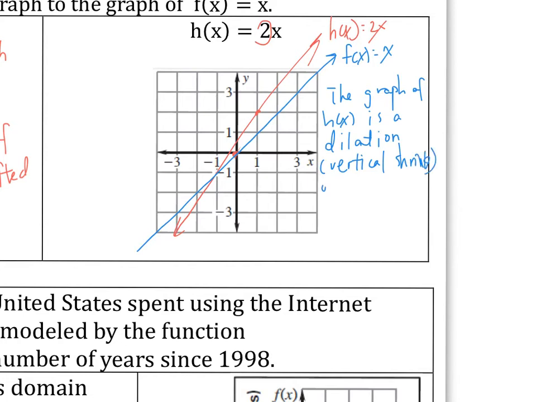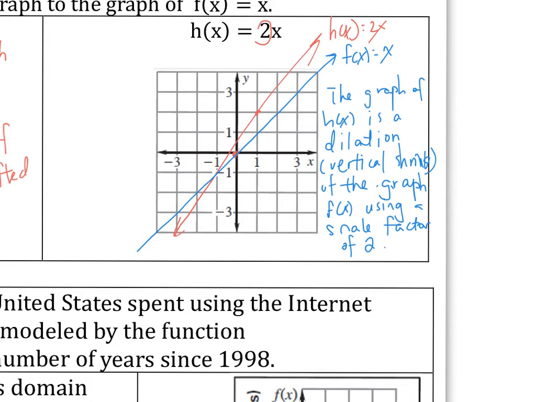of the graph f of x using a scale factor of 2.